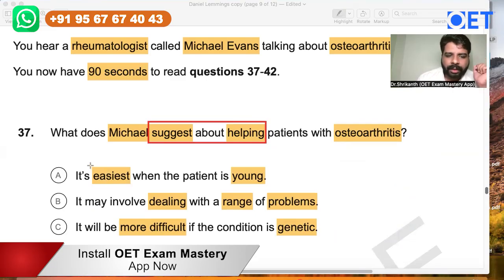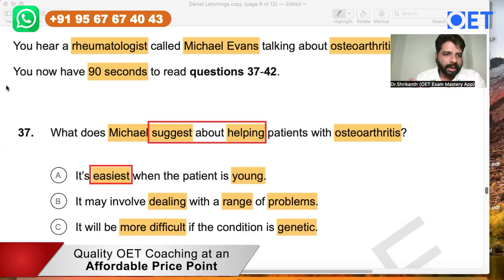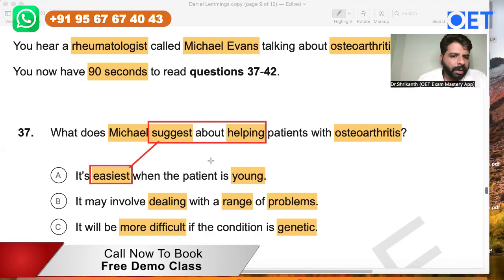This is the focal point, the easiest. That is, helping patients is easiest when the patient is young. He is talking about the easiest method to help a patient, which is when the patient is in the early stages. If it is a young patient, we can help him very easily. So this is not a verb over here, it is basically a focal point.